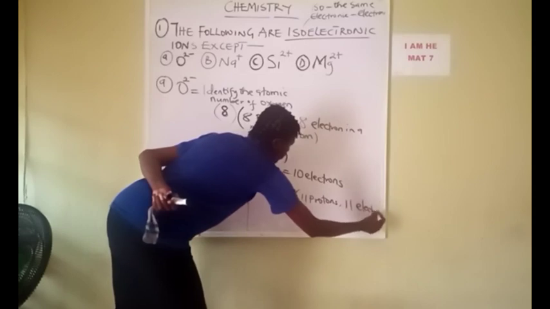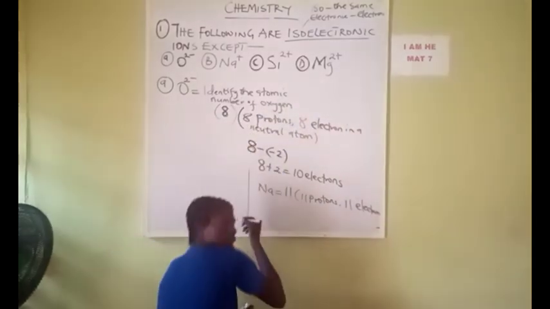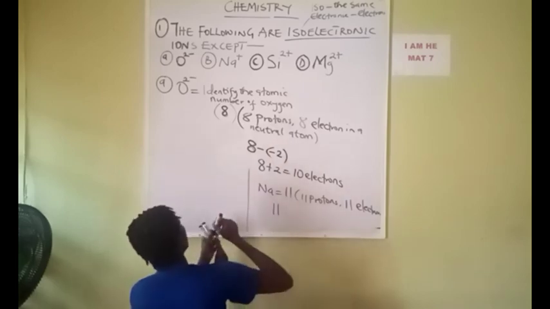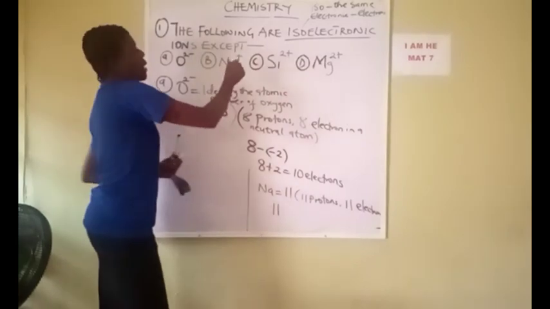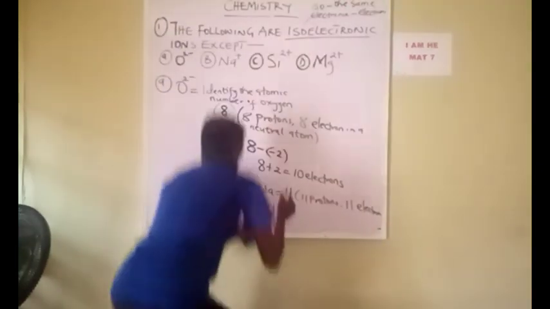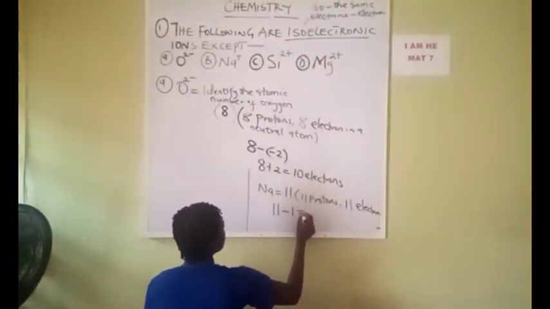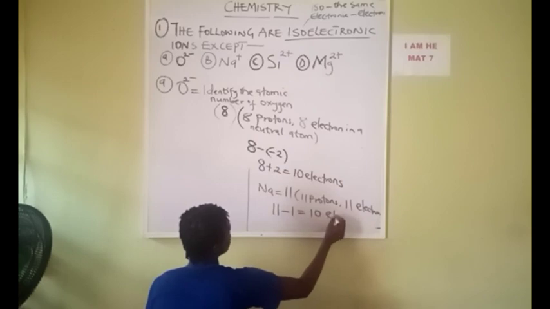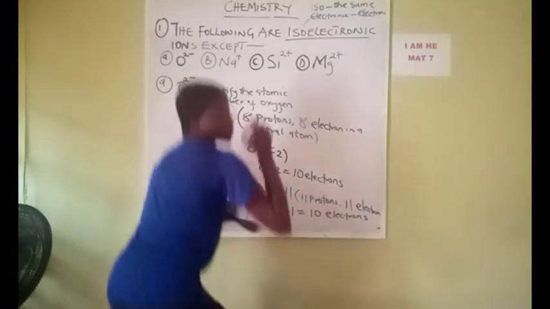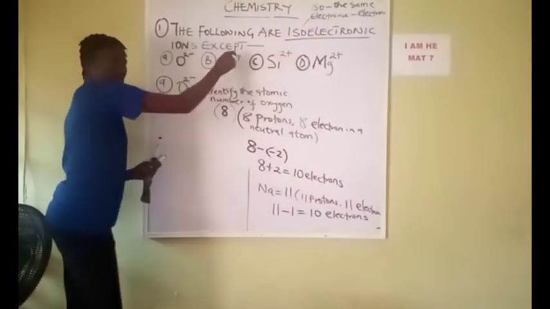In this case, look at the ion: how many is there? We have 1 plus. So 11 minus 1 will give us 10 electrons, because of the plus charge here.